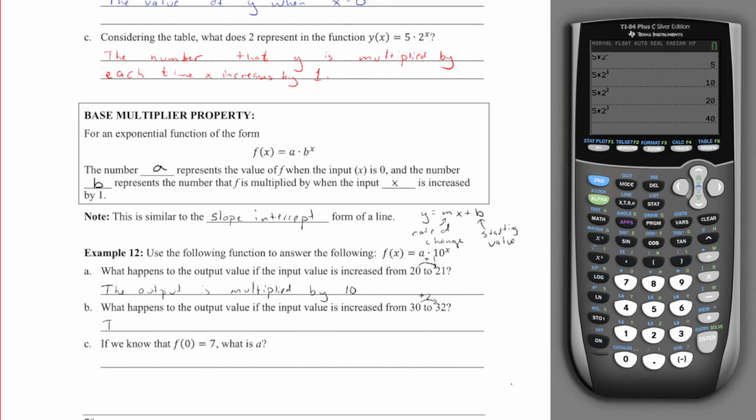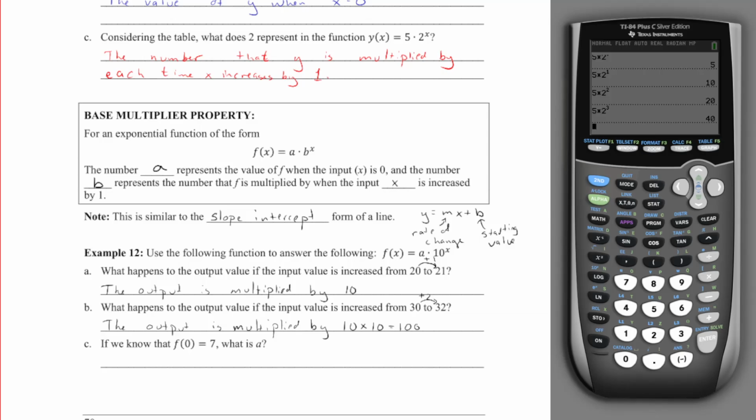So the output is multiplied by 10, and then by 10 again. So the output is multiplied by 100.